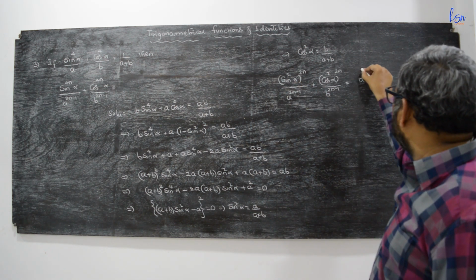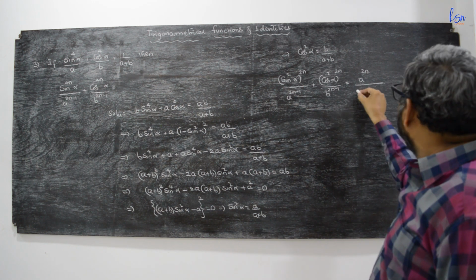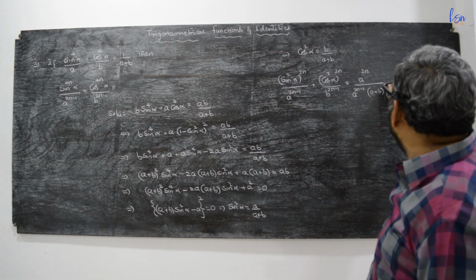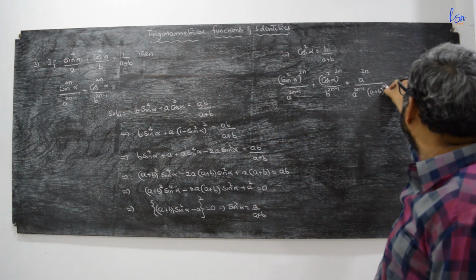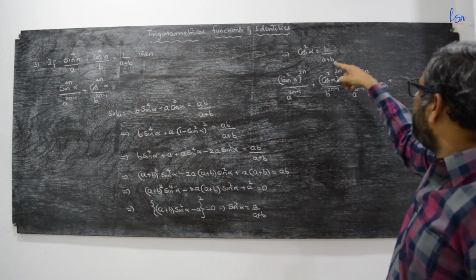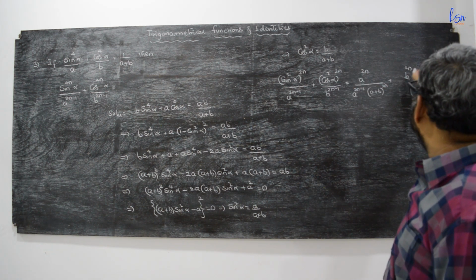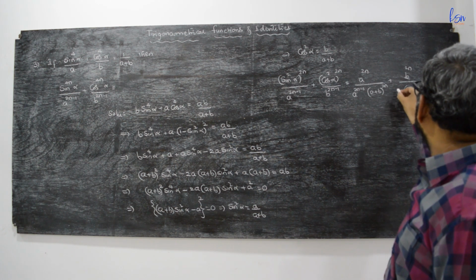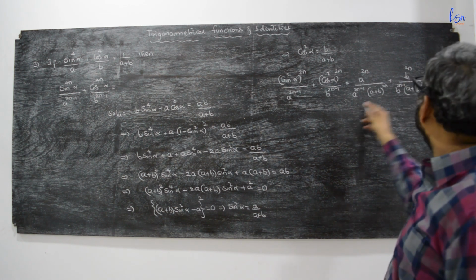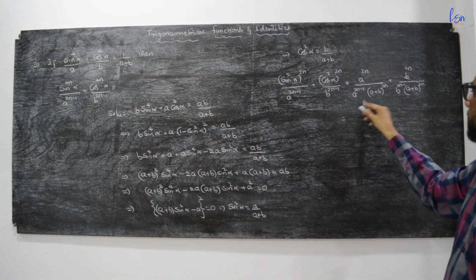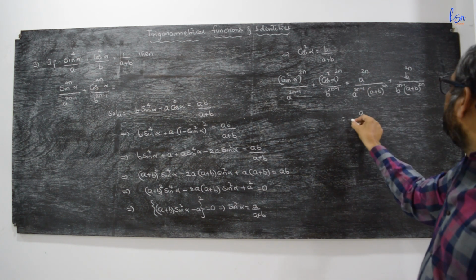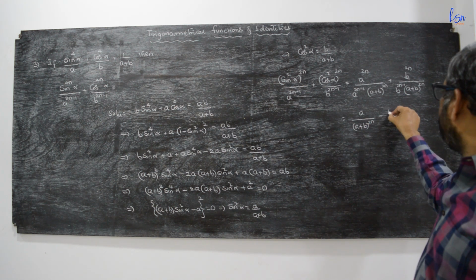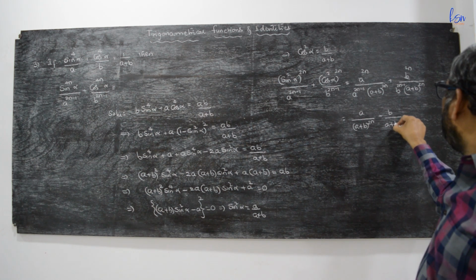That means a to the power of 2n by a to the power of 2n minus 1 into a by a plus b whole power 2n, plus b to the power of 2n by b to the power of 2n minus 1 into b by a plus b whole power 2n.